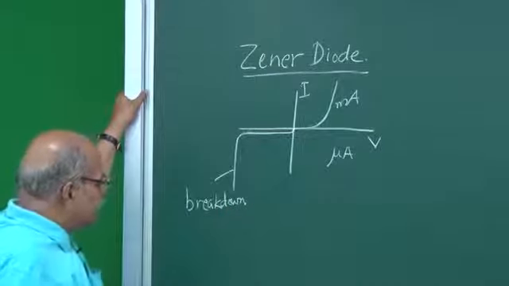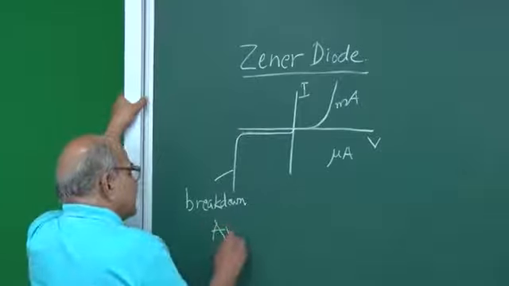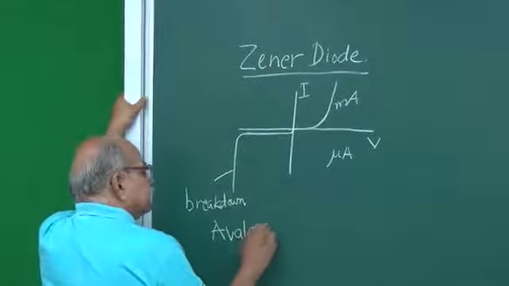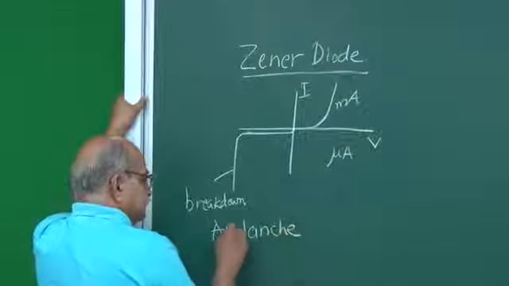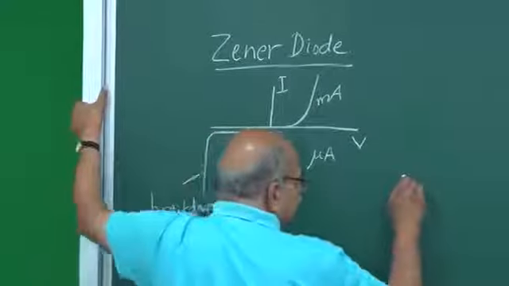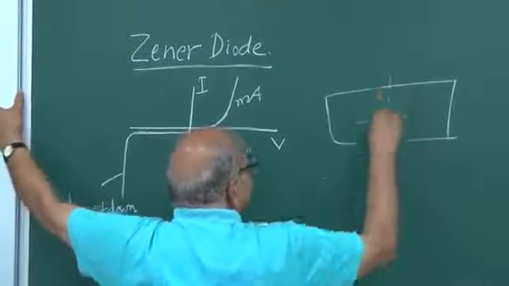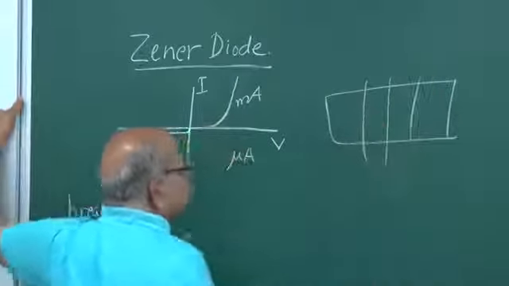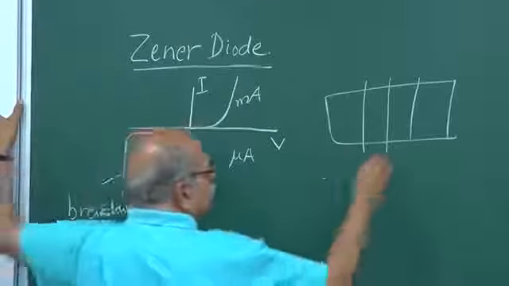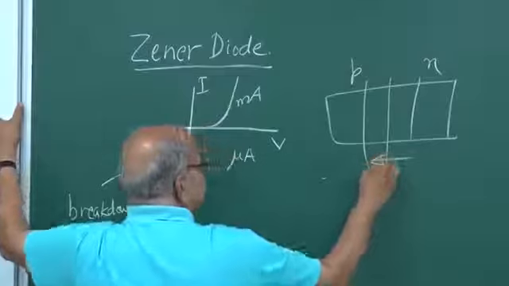And one reason of breakdown is what we call avalanche breakdown. That reason is that if you have a p-n junction and the depletion region is there, the electric field is there; this is p side, this is n side, the electric field is this way.